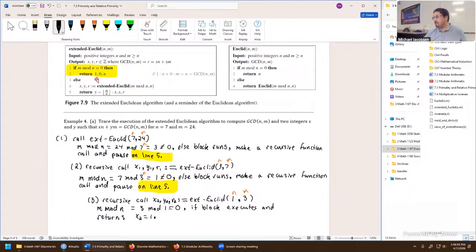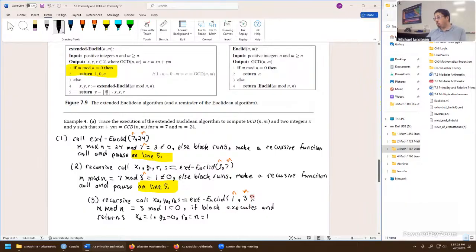Let me try again. Likewise, for this value, y2, that's going to be defined as 0. And likewise, r2 will be defined as n, but we have to check which n we're referring to. We're inside this function call, n is 1. So we've got an x2, y2, r2 value all stored.